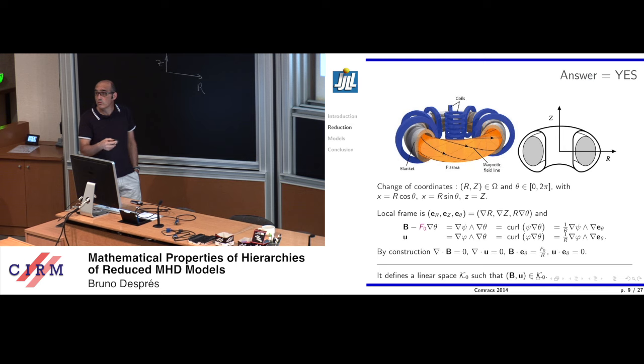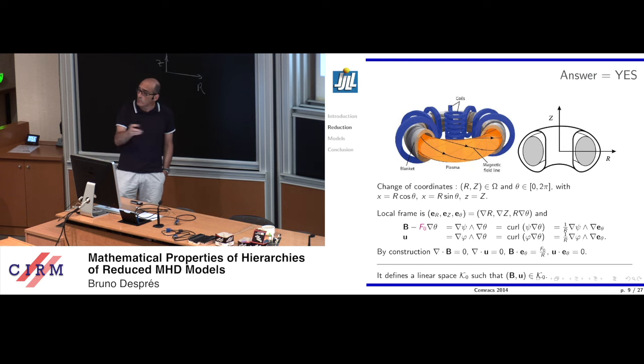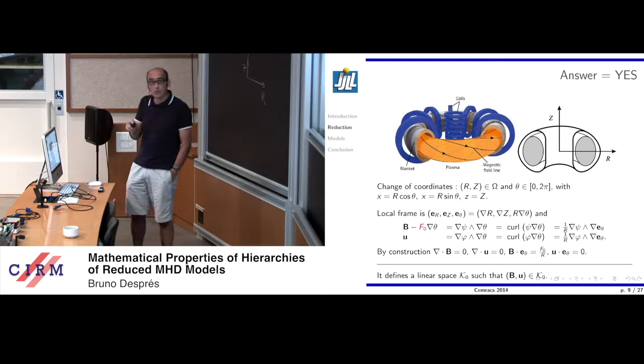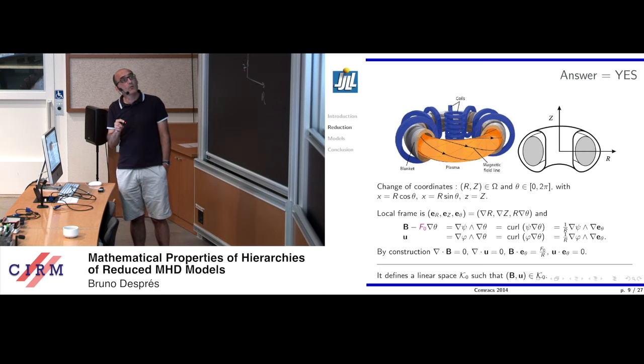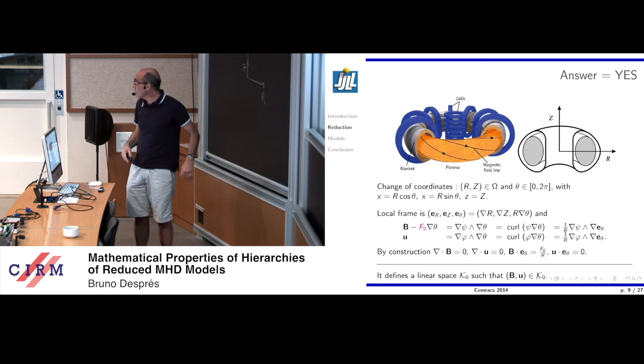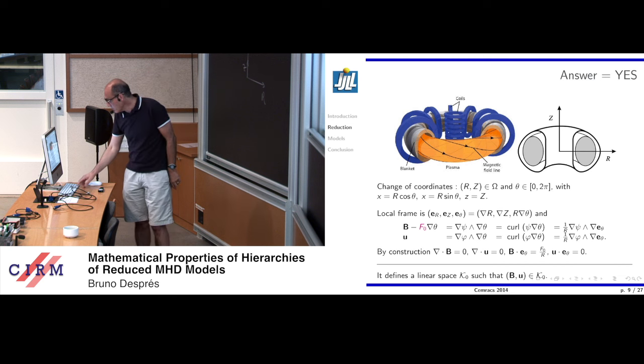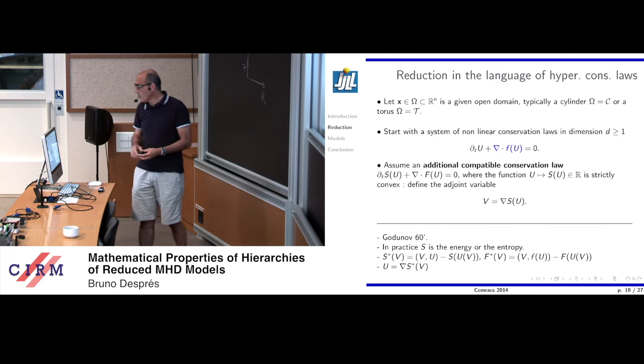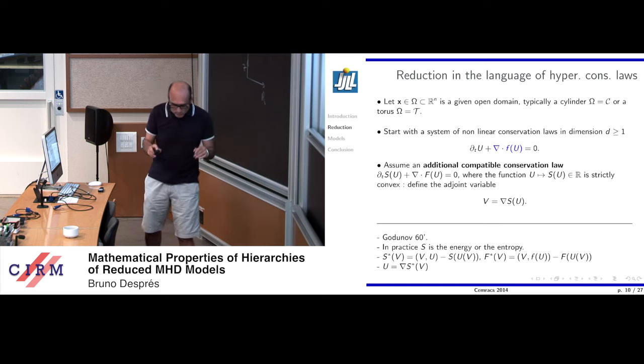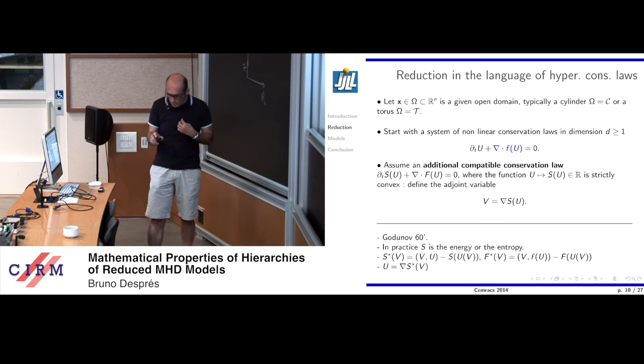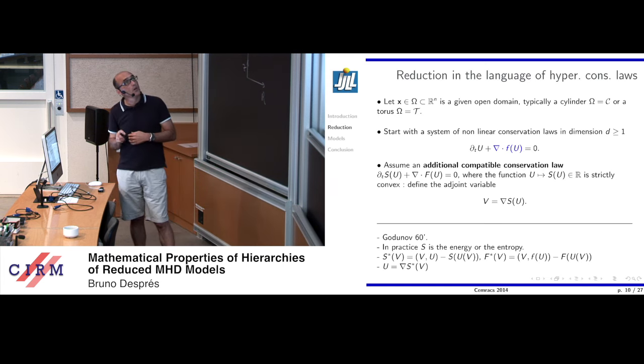This is the interesting information from the mathematical perspective. All the geometry is in these coefficients, but you just compute them, it doesn't matter. So that's a very naive, extremely naive, introduction to MHD reduction in the language of MHD.